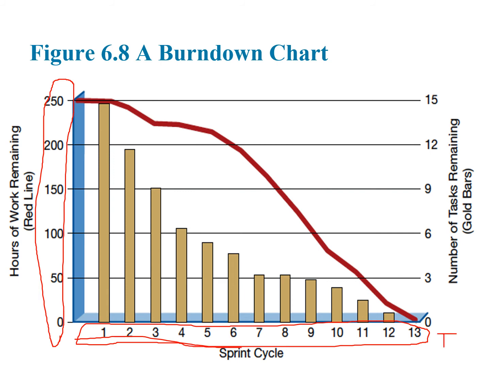So we have timing and we have tasks, and the golden bars represent the number of tasks remaining for each specific timing, and the red line represents the hours needed for the work. Okay, so it gives meaningful information on performance. How is the progress of the performance?